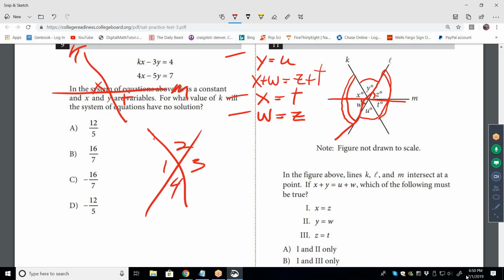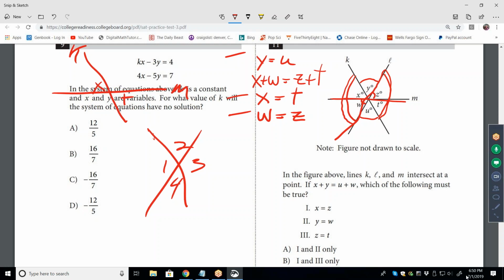So that's what you want to do on these problems, is be able to eliminate a third line so that you can see in your brain where the vertical angles are. Okay? So, we've done that with those four equations.